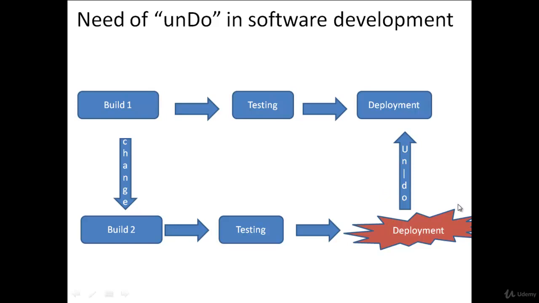So if it is a small software, then this thing can be very easily managed by managing the build manually, right? Storing it in some location and then getting it back, right? So let's say there are 100 developers involved in the implementation of this feature, and this is a huge project, right?